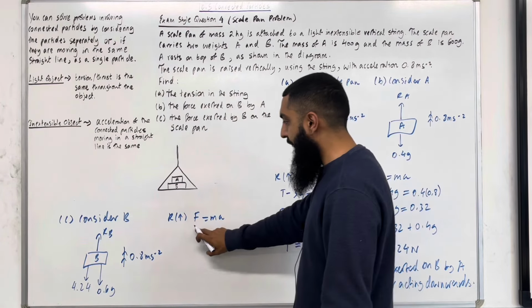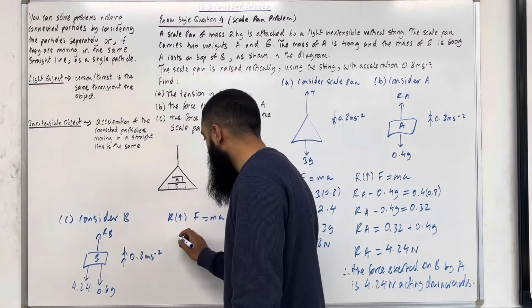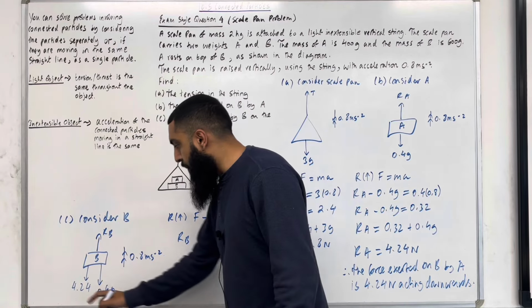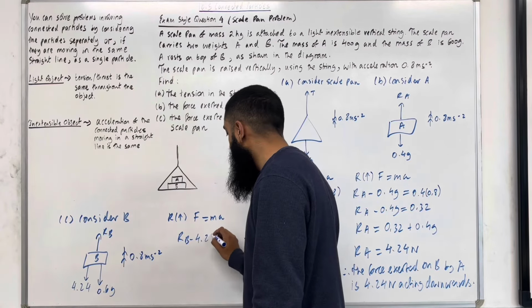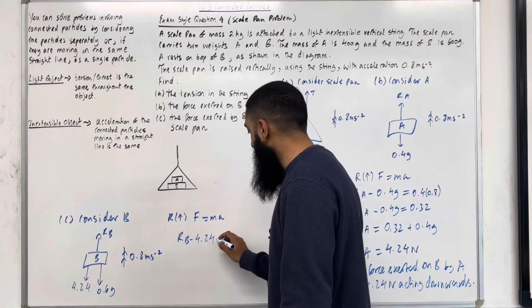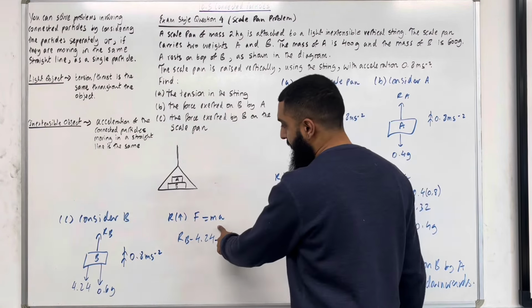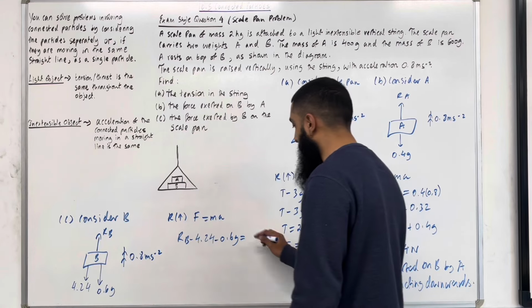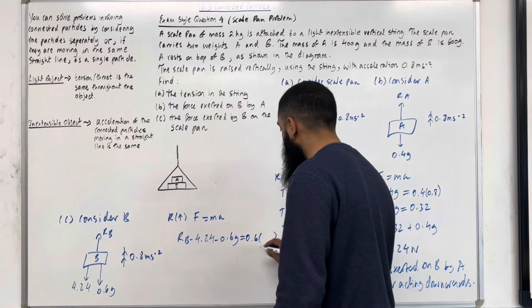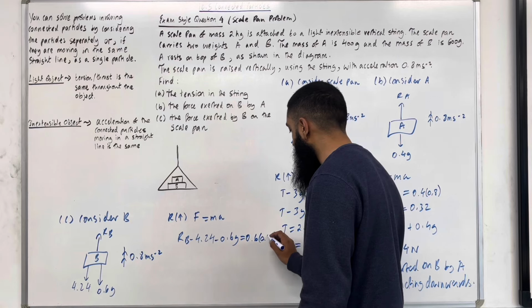The resultant force F will be RB acting upwards, minus 4.24 acting downwards, minus 0.6g acting downwards, equal to the mass, 0.6, multiplied by the acceleration, which is 0.8.